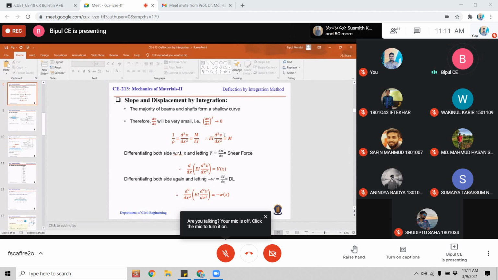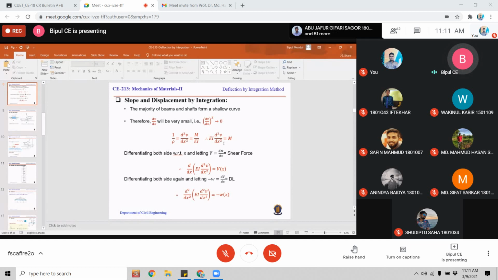So as we integrate this equation two times, we get two constants, and the constants will be determined considering boundary conditions or continuity conditions.